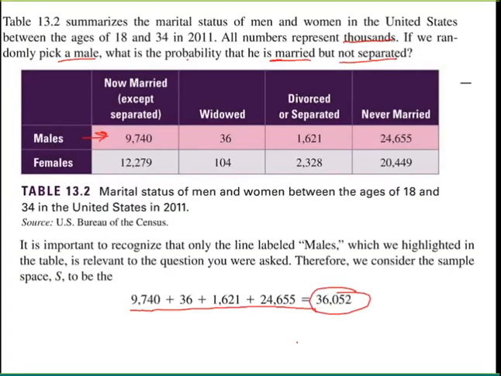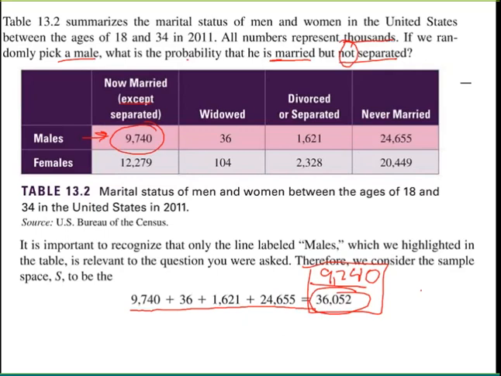Okay, so what we are worried about is which ones of these are married but not separated. So we take our 9,740 and divide it by this total number, and that will give us the chance of selecting a male that is married but not separated. I don't know why it says except separated up here and over here it says not separated, but that's the way it came in the textbook.